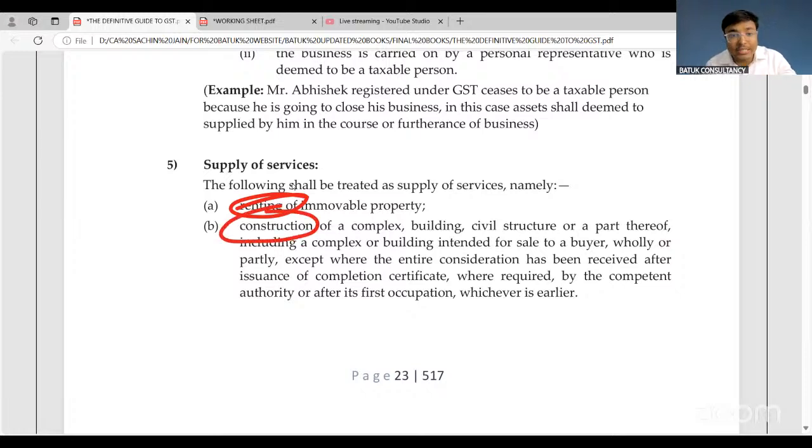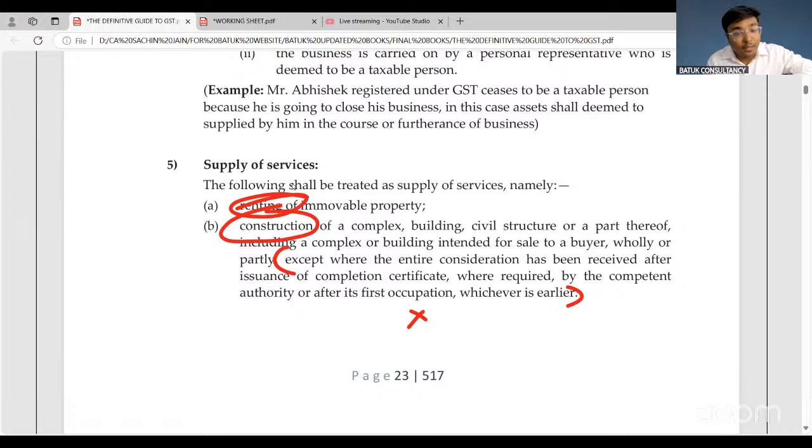For now, you just need to keep one thing in your mind: construction is equal to supply of service. Don't read the language after this, because we'll discuss the construction industry separately, and at that time we'll give you a detailed idea. I don't want to explain it now, because if I share these things now, it will be quite complicated.